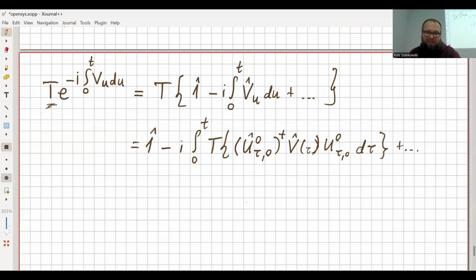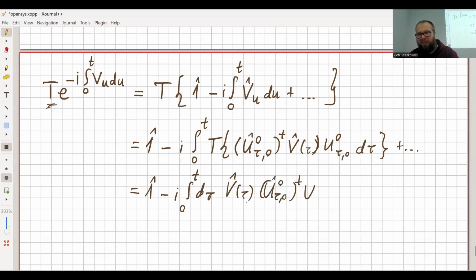Okay, so let's do this. Integral 0 to t d tau V(tau) U0(tau,0) dagger U0(tau,0), but this is 1.